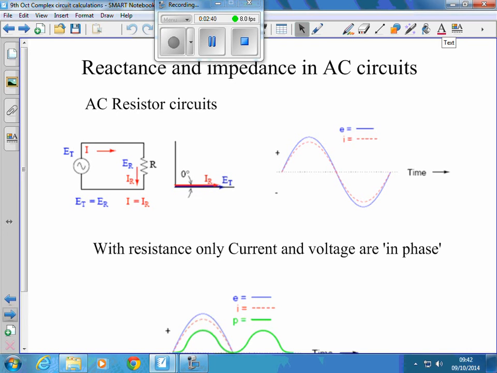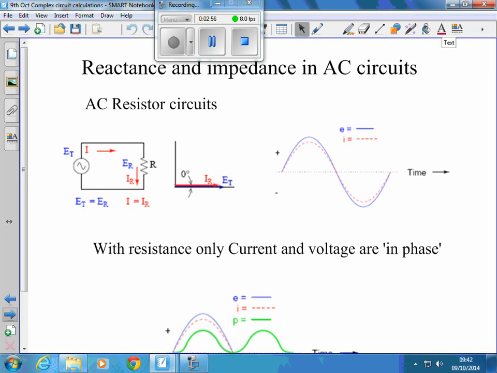Okay. If we have pure resistance in a circuit, no reactive components, which we're coming on to in a minute, so like this, with an AC source, an AC current will flow and we'll get a voltage across a resistor.